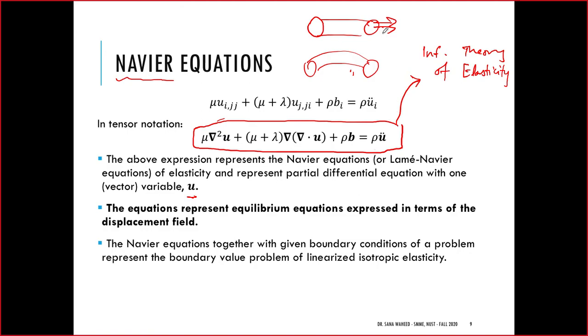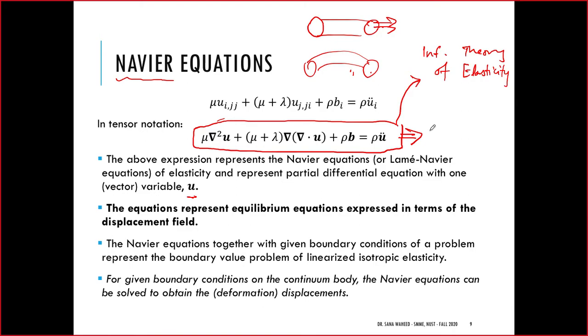So these boundary conditions together with these Navier-Lamé equations are known as a specific boundary value problem. I'll come to this just now. That is, we can solve this equation for different boundary value problems to figure out कि क्या deformation या displacement होगी for that case.